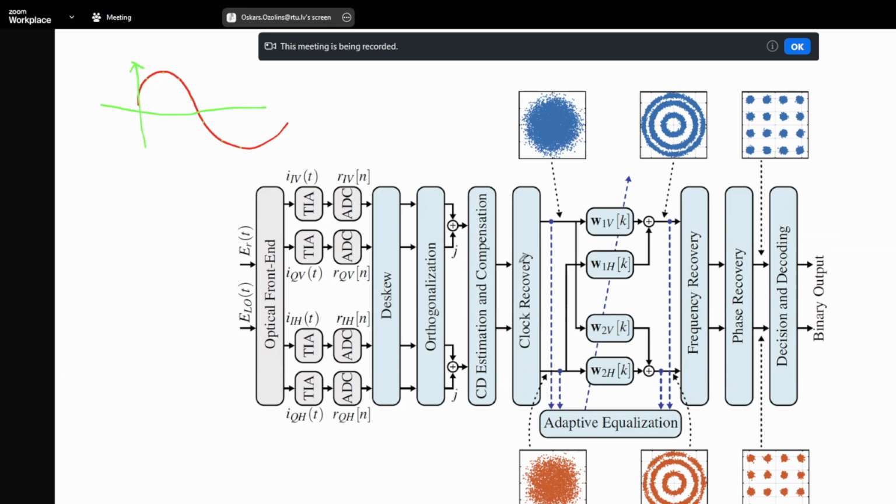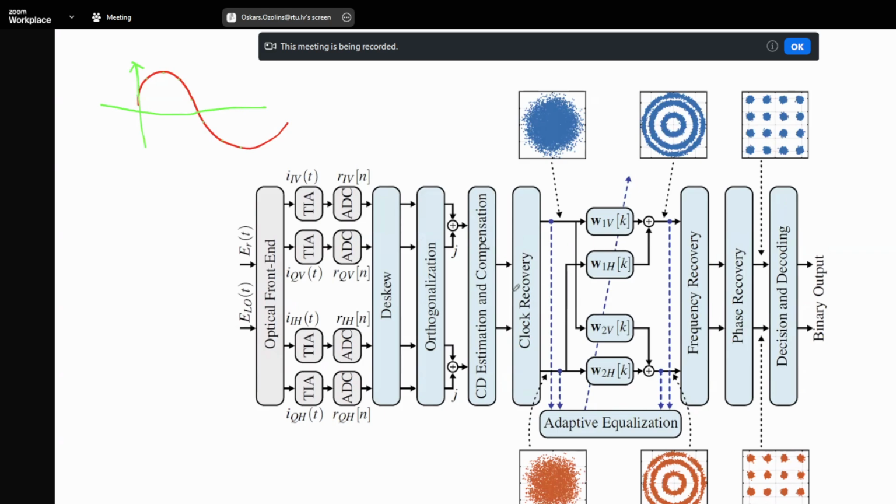This is why clock recovery is quite important. So you know with which bit or which symbol, where are you? And you can synchronize also I and Q, and you can synchronize both polarizations as well.